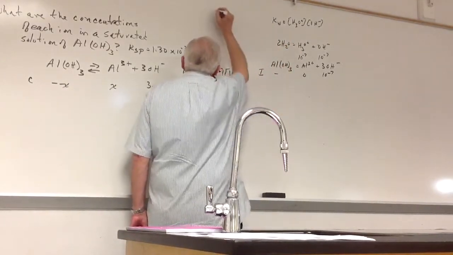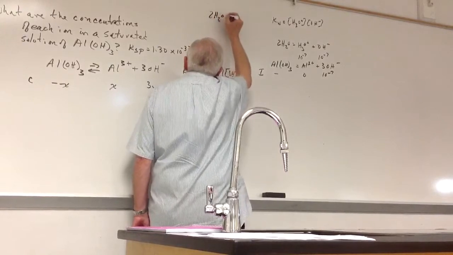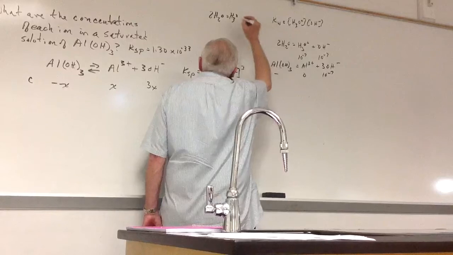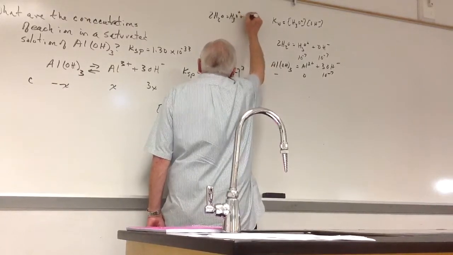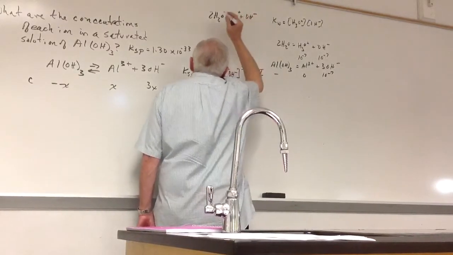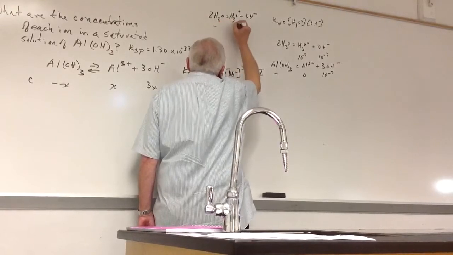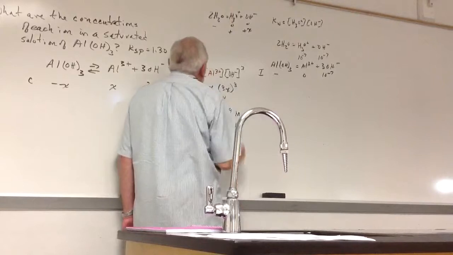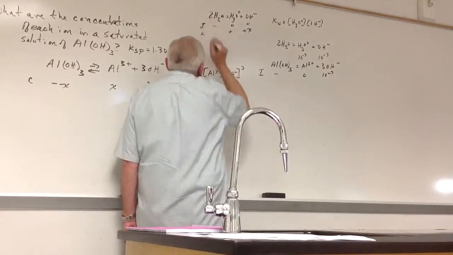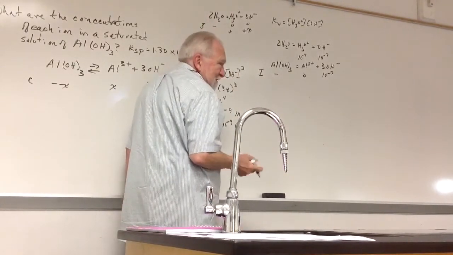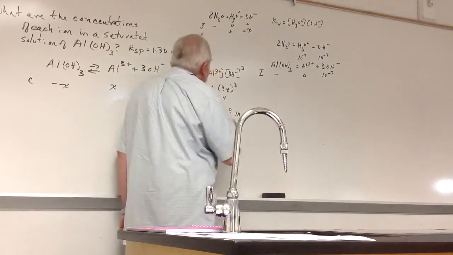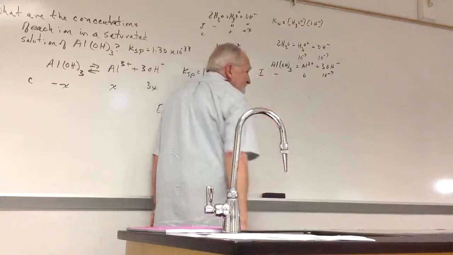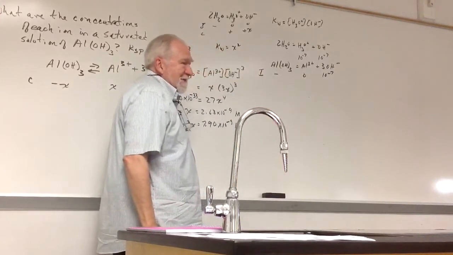I said you had H2O gives you H3O plus and OH minus, and I said 0, 0, plus X, right? That's the ICE. And I didn't do E because 0 plus X is X. Then I said Kw equals X squared. And that's where I got 10 to the minus 7.